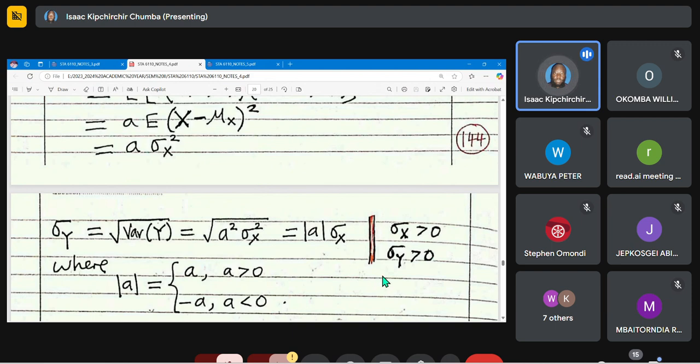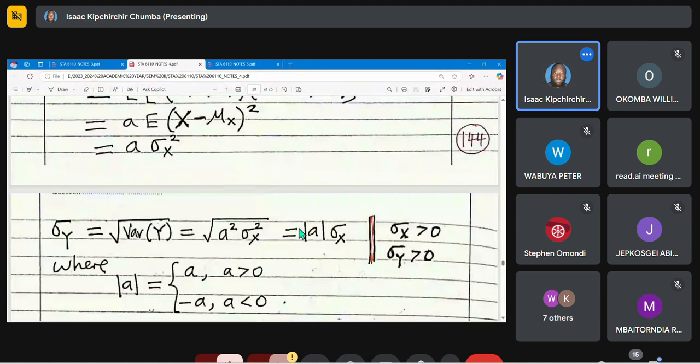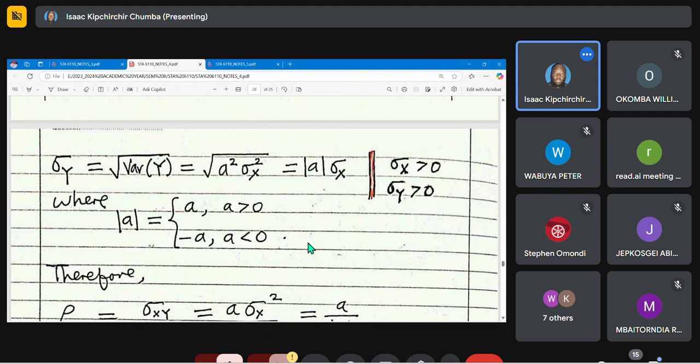But you see, our constant a might be negative. If a is negative and you square it, you get a squared. So we write it as mod a sigma x, so that we ensure that sigma y is positive.